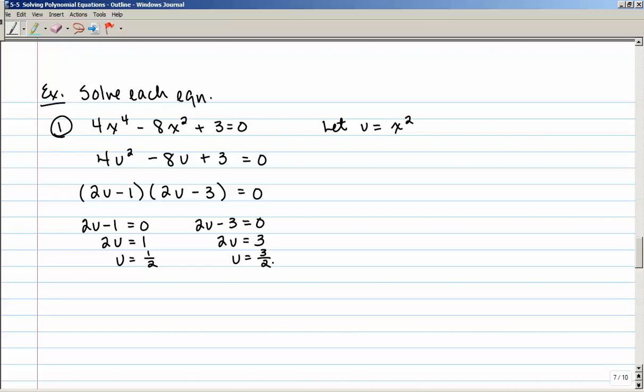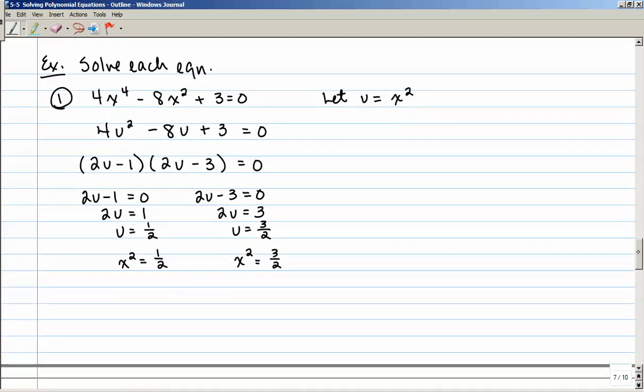Now, what I'm looking for is what x equals, not what u equals. So now's the time to substitute x squared back in for u. So if x squared equals 1/2 and x squared equals 3/2, now I'm back in a little more familiar land. I know what to do with this. Take the square root of both sides.